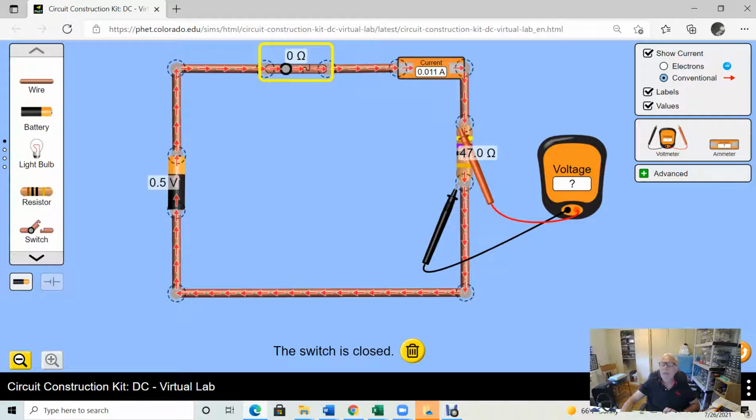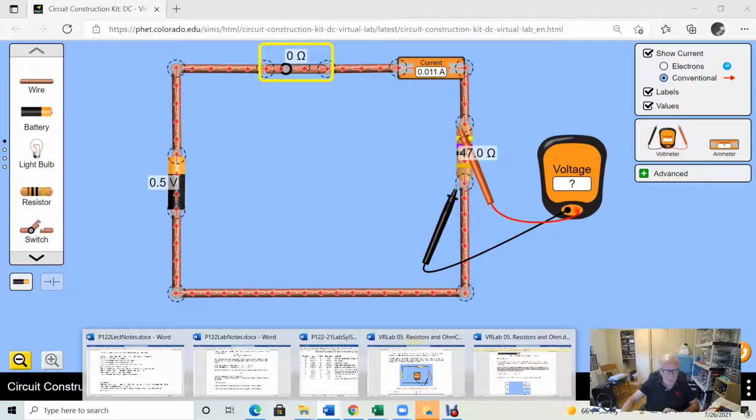So that's what we call the conventional direction of the current. What you have to visualize is that the conventional way shows the motion of the charges if the charges were positive. That's what the conventional direction of the current is all about.